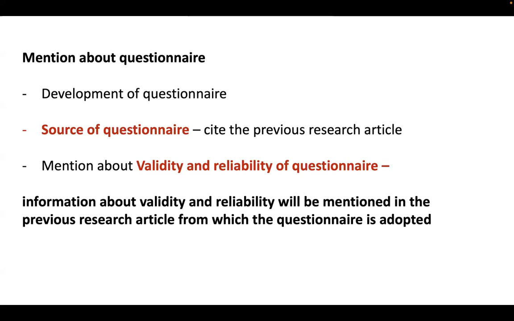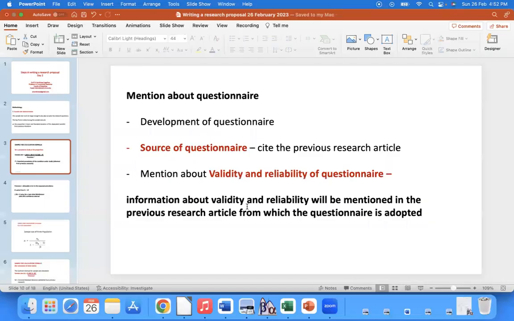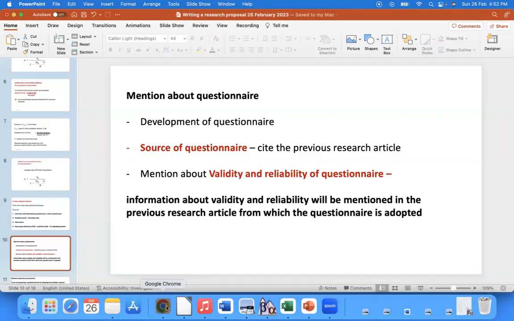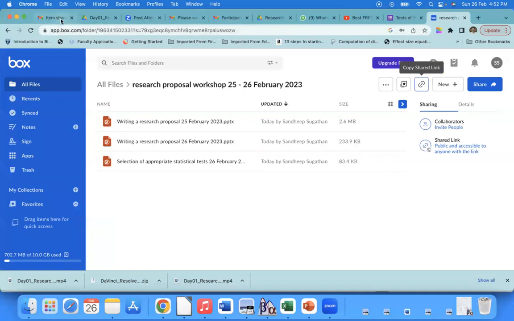You have to mention the source of the questionnaire, which research, maybe who developed it, maybe the scientist's name. Then you have to say that the previous study which used that questionnaire may have mentioned validity and reliability.